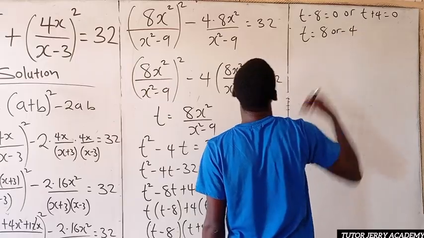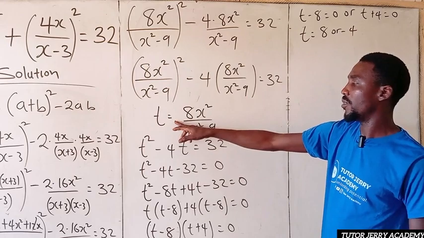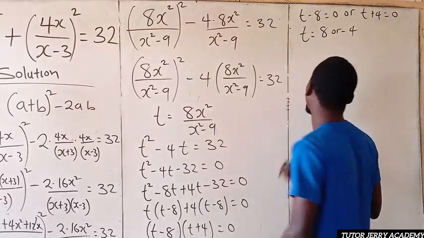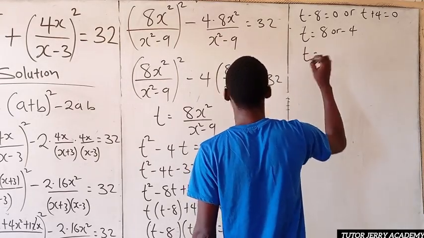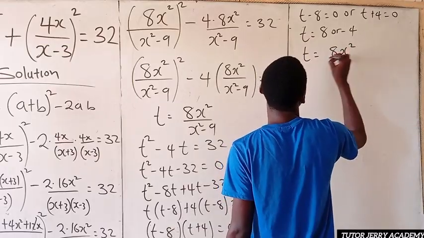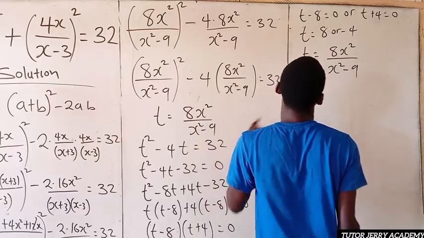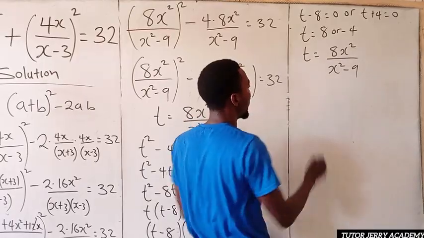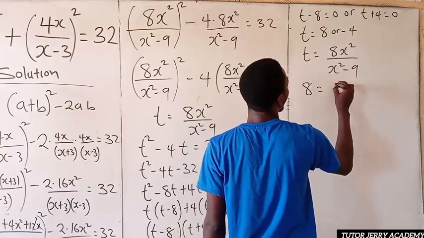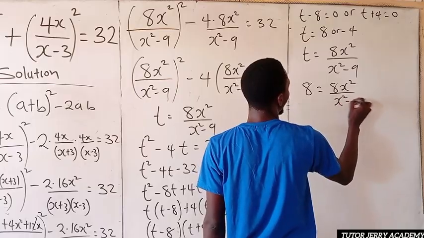Now, we already said let t be equal to 8s squared over s squared minus 9. So when the value of t is 8, it means 8 will be equal to 8s squared all over s squared minus 9.